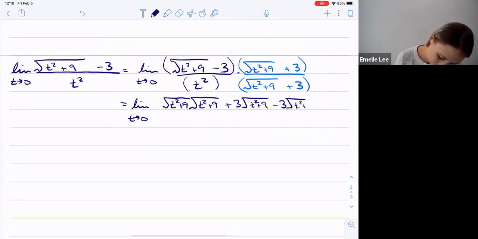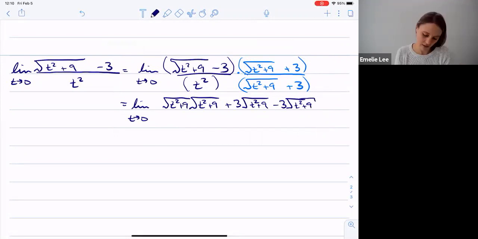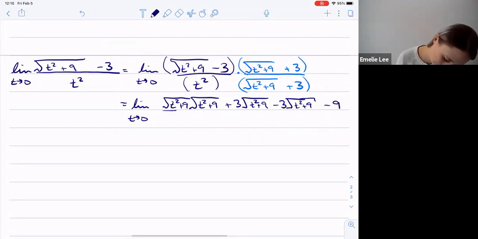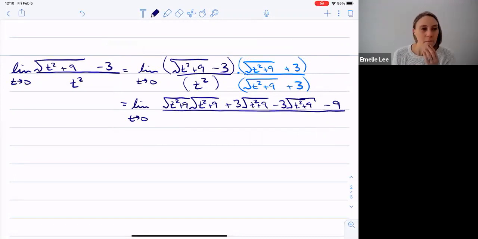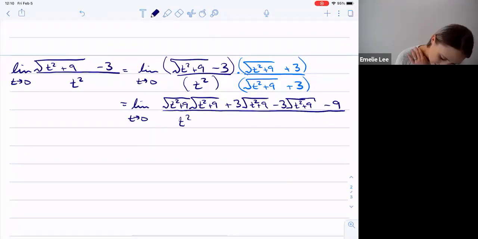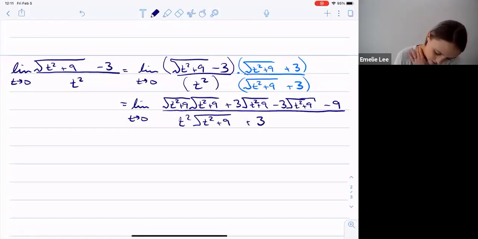Minus 3 times the root of t squared plus 9. And then, oh yeah, negative 3 times positive 3 is minus 9. If I expand the denominator, I get t squared times the root of t squared plus 9, and then plus 3t squared.